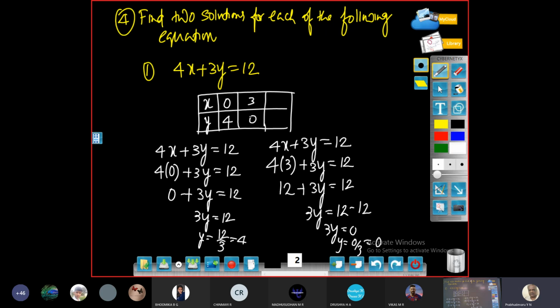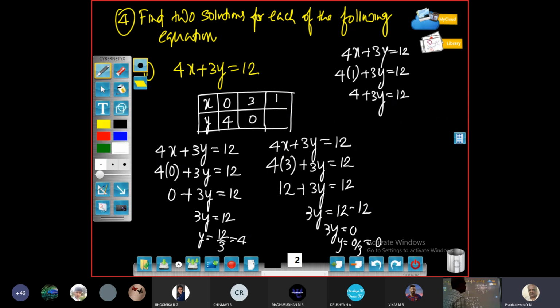Sometimes you may not get a whole number as the answer. Suppose I take x as 1, what happens, you see now. 4x plus 3y is equal to 12. So 4 into 1 plus 3 into y is equal to 12. So now 4 plus 3y is equal to 12.